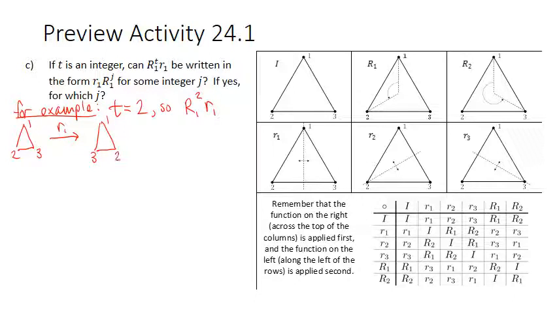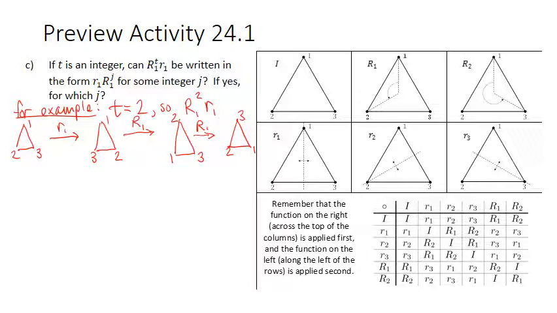So this is 1, 3, 2, and then we apply the counterclockwise 120-degree rotation twice. This gives us 3, 2, 1, and then we do it again. Counterclockwise rotation again, this is going to be 2, 1, 3.